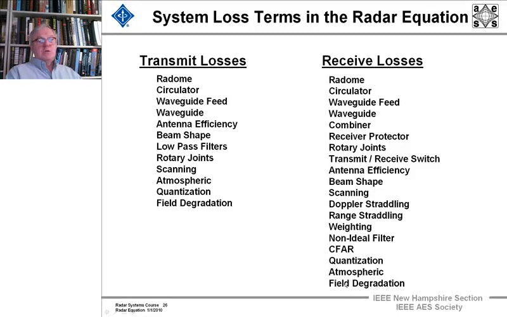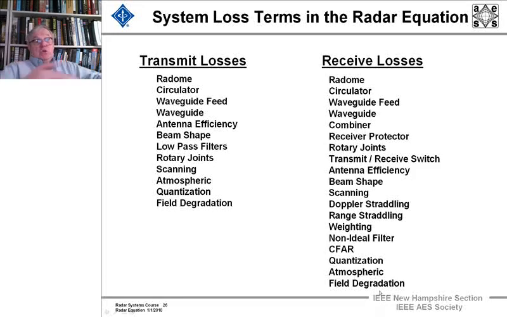And you can imagine, remember I showed you, if you want the range to go down by a factor of 2, 12 dB in losses is what you incur. And if you get a half of a dB loss in each of these on transmit and receive, you're way down.